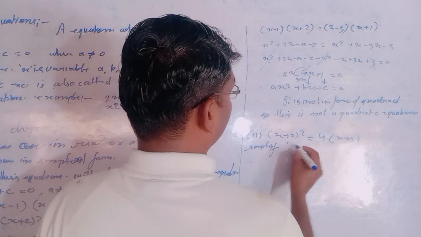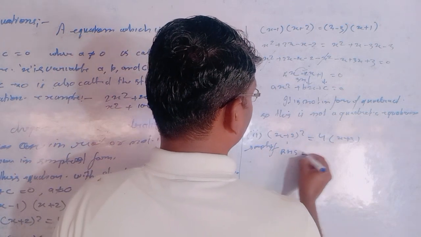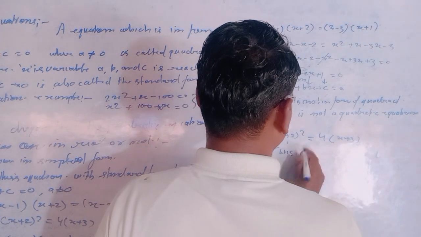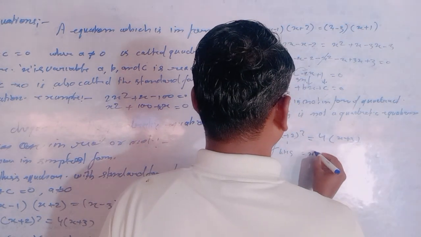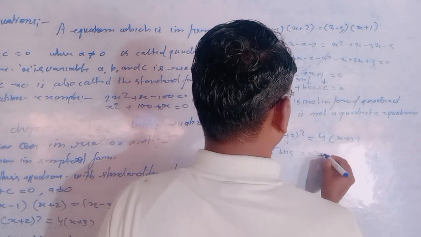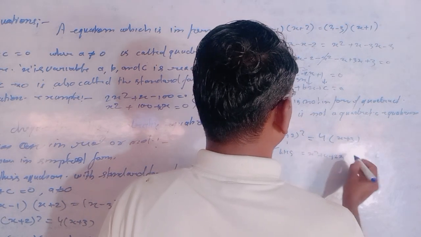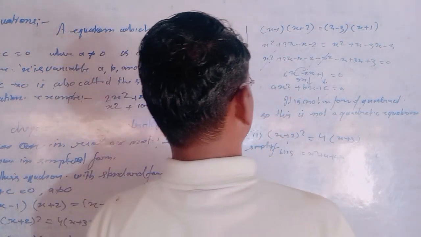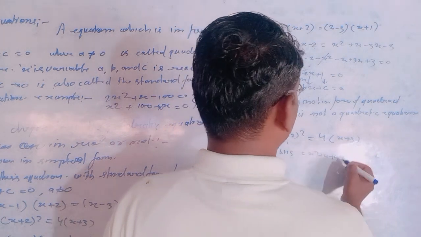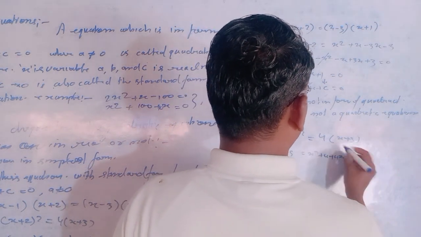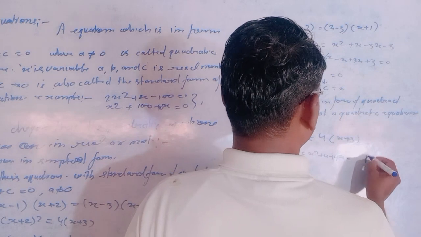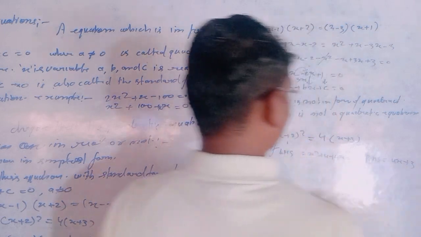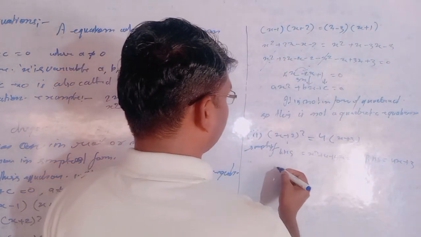The LHS is x square plus 4 plus 4x, and the RHS is equal to 4x plus 3. Now transpose this to the left side.